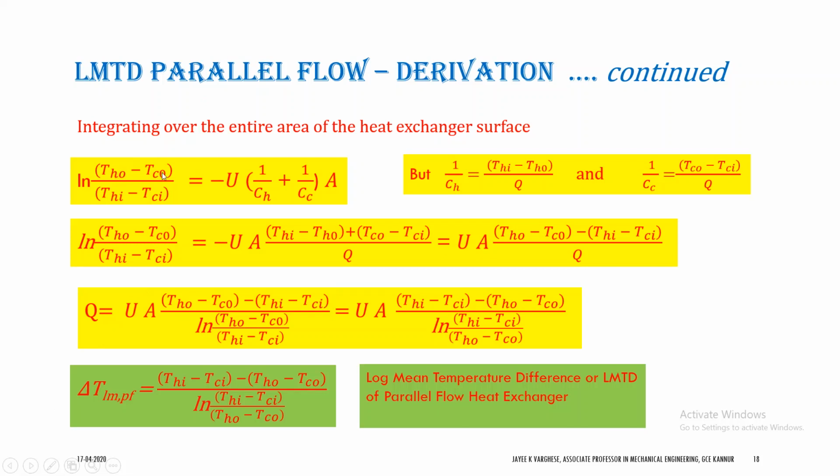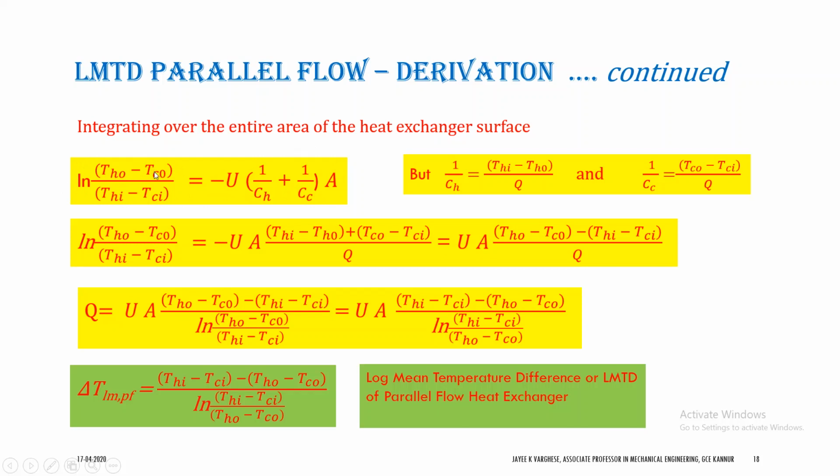In the LMTD derivation, the next relation will be ln of THO minus TCO divided by THI minus TCI is equal to minus UA into 1 by CH plus 1 by CC. This relation we should remember.